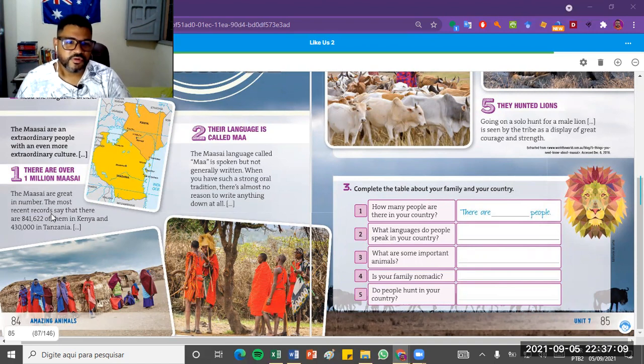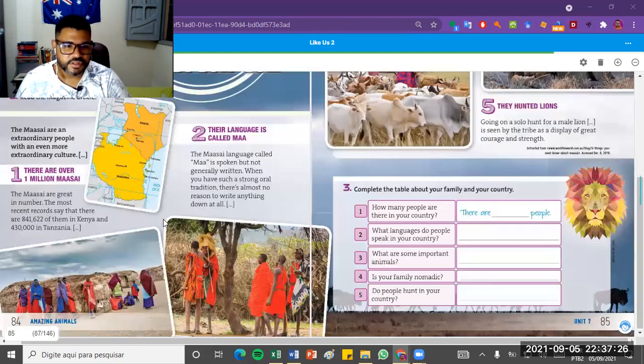The most recent records say that there are 841,622 of them in Kenya and 430,000 in Tanzania.